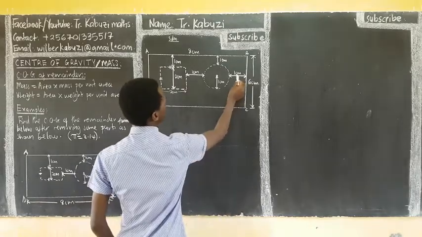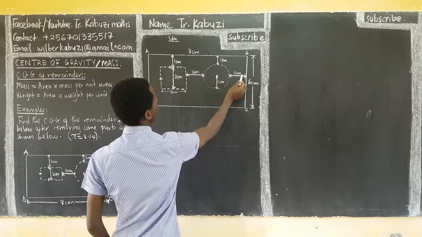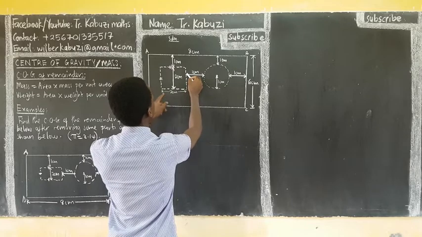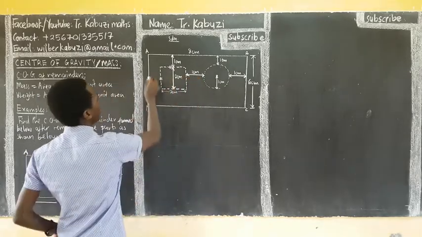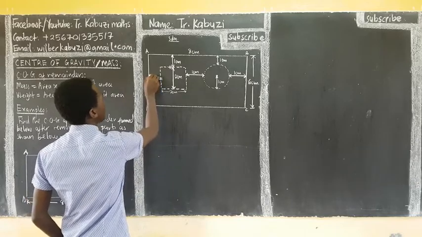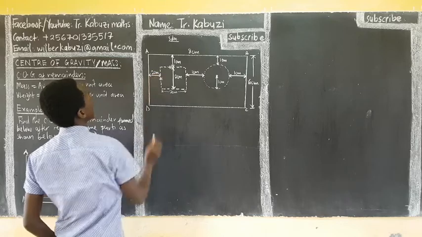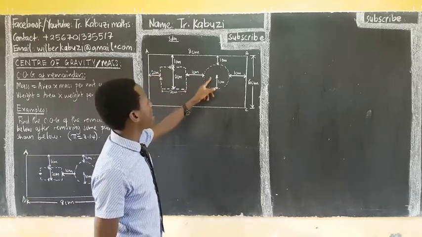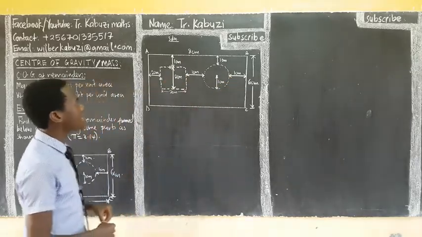If this is 1, remember this is the radius, so evidently this one is going to be 1. So 1, 2, 3, 4. From here up to here is now 6, which means the balance from here up there is going to be 2 centimeters. When you add all these, you should be able to get the 8.